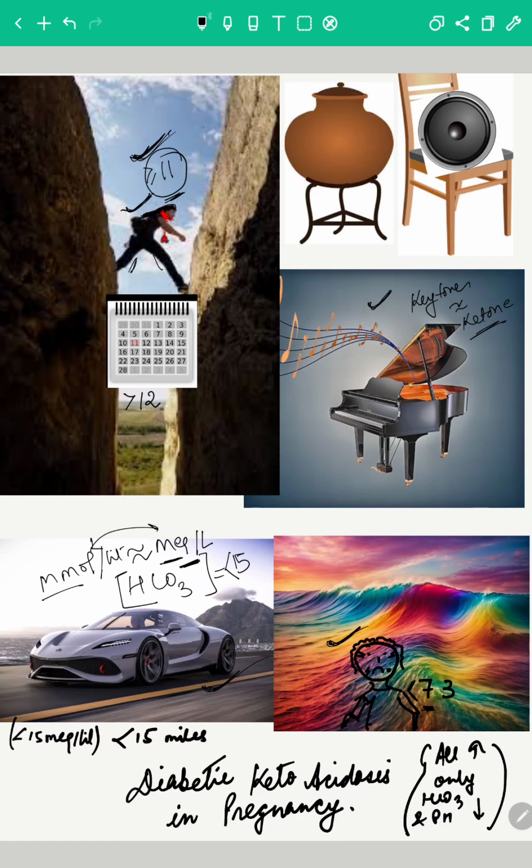And this old lady is 73 years old. That is the pH that we have to remember. Now, one important thing given in the TOG article: I have drawn this artistic background to represent arterial. When it is arterial pH, it has to be equal to or less than 7.3.